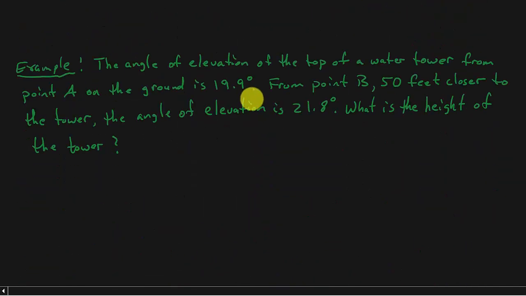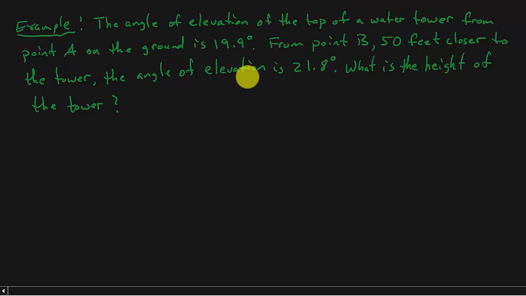All right. Here we've got another angle of elevation. Then the last problem is an angle of depression. All right, so the angle of elevation of the top of a water tower from point A on the ground is 19.9 degrees. From point B, which is 50 feet closer to the tower, the angle of elevation is 21.8 degrees.